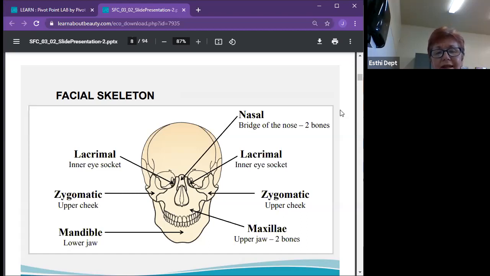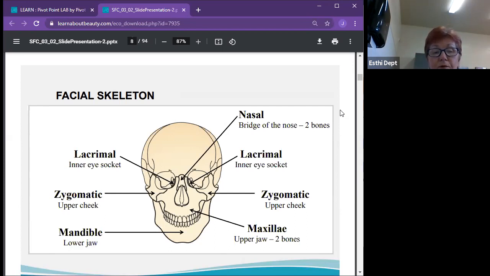These are both the upper cheek. If you feel on both sides of your face, you've got one on each side. Those are your zygomatic bones. They form the upper cheeks, and they also form the bottom of your eye socket. If you feel the bone right here, it goes down lower right here.